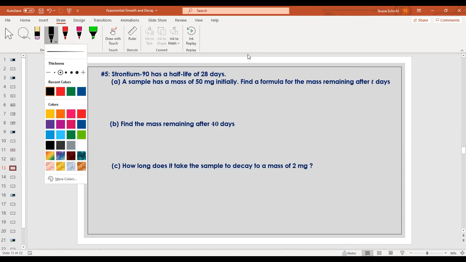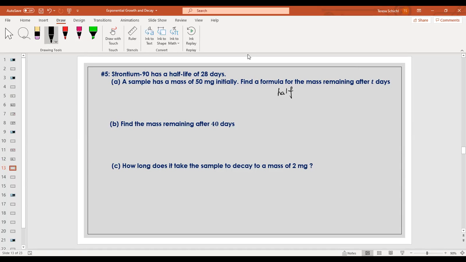Find the formula for the mass remaining after t days. Okay, so remember this is the half-life we did in the previous problems. We know the half-life formula is what? P(t) equals P0, and instead of the 2, I have 1/2, and then here is t over t star, right?